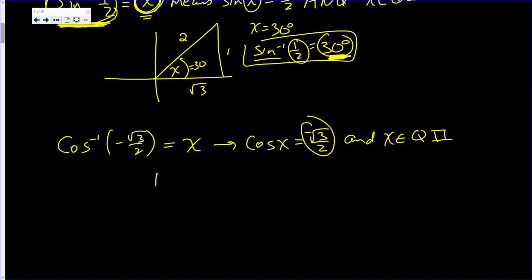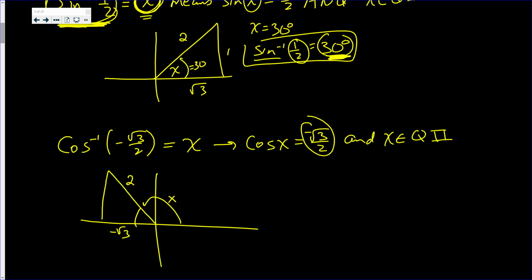Okay, so we know we're in quadrant 2, and this is x, that's my reference angle, and we get the adjacent is negative square root of 3, the hypotenuse is 2, this is 1, so that's 30 degrees.